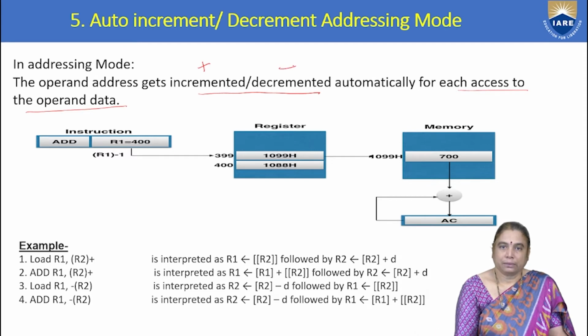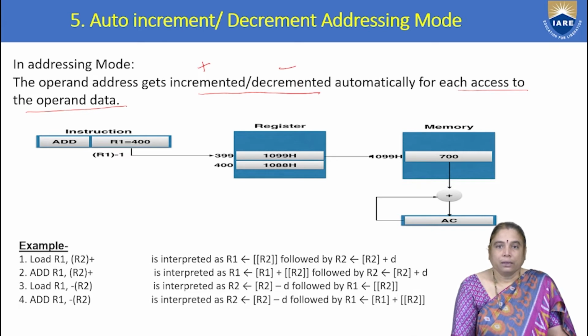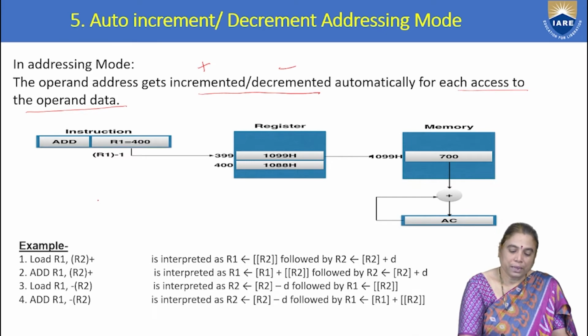What does increment operation mean? The existing content of the register is added with 1 during incrementation, but 1 is subtracted during decrementation, respectively.